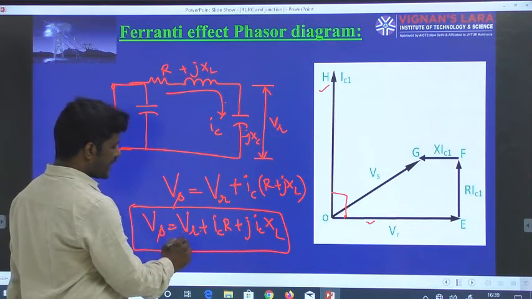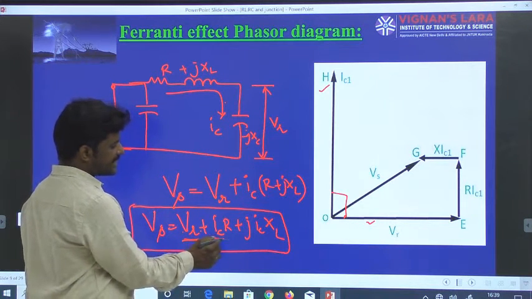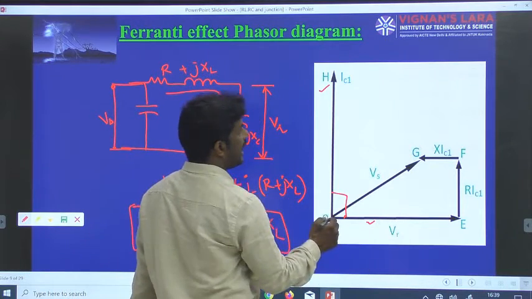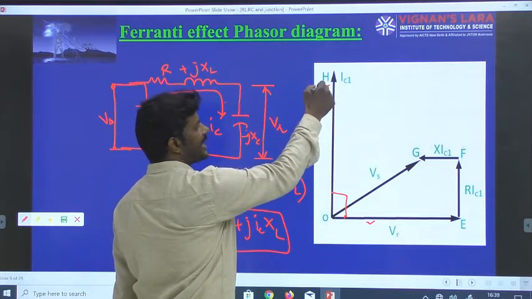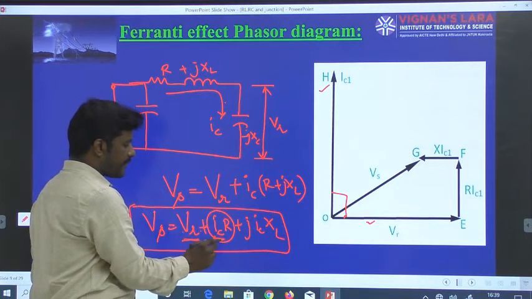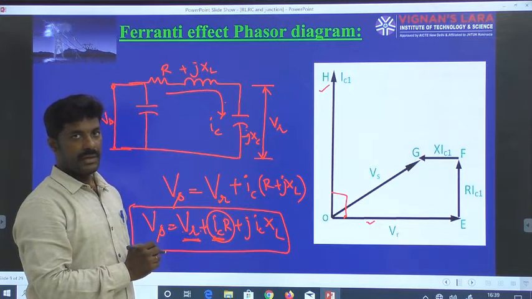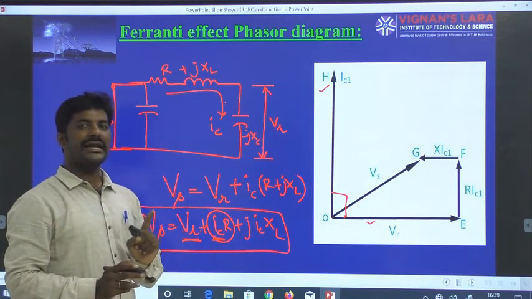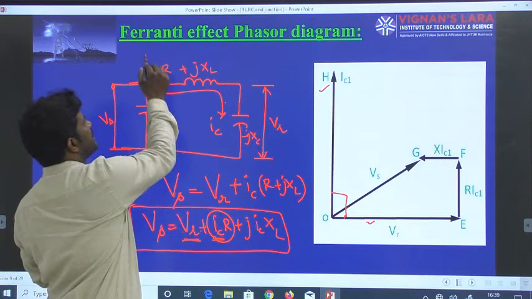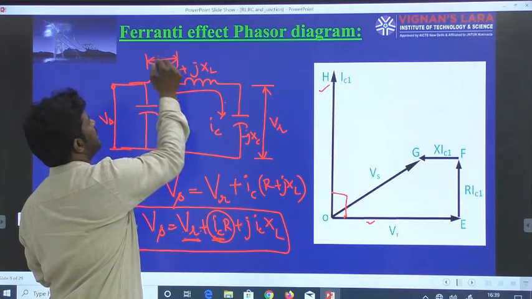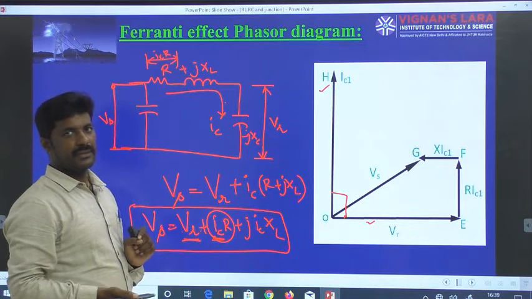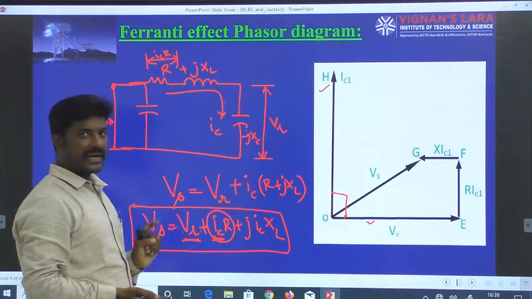As I told you, VR is taken as reference. The current IC will be the leading current. Therefore, OE is VR and OH is the leading current IC1. Then I have to add the resistive drop to this VR. In a resistor, voltage and current are in phase. Therefore, the voltage drop across this element, IC into R, will be in phase with IC and should be added to VR.